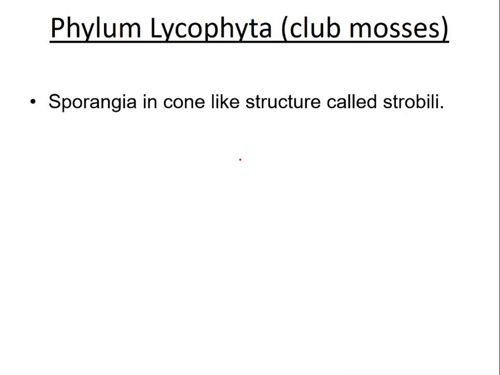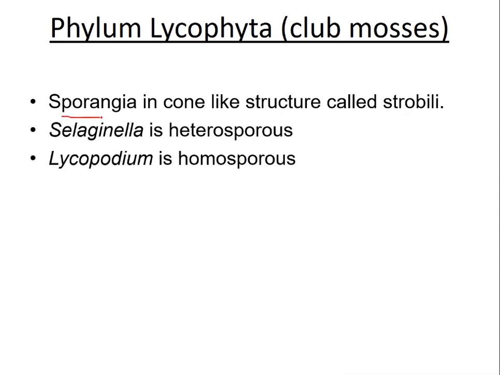Okay, right. Now let's start with the Phylum Lycophyta, club mosses. Remember the sporangia contain spores. Sporangia are in a cone-like structure called strobili. There are two examples under Lycophyta, Selaginella and Lycopodium. Selaginella produces two different types of spores, whereas Lycopodium produces one type of spore.